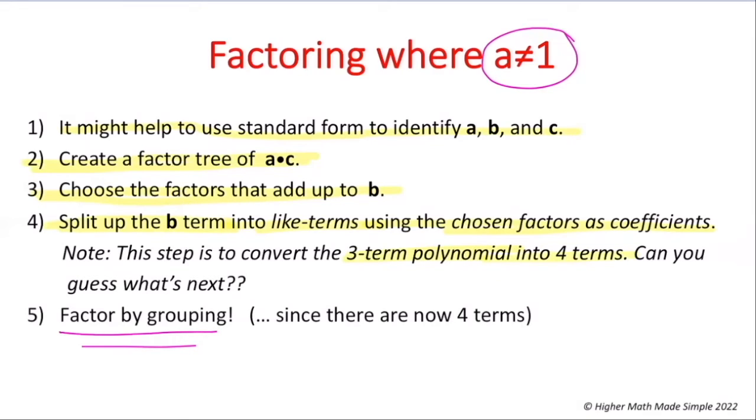Why is four terms useful? Because you need four terms to factor by grouping. So the whole purpose of this method is to get something with three terms, convert it to something with four terms without changing the problem, and then factor by grouping.